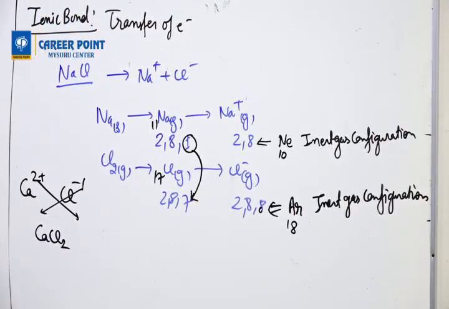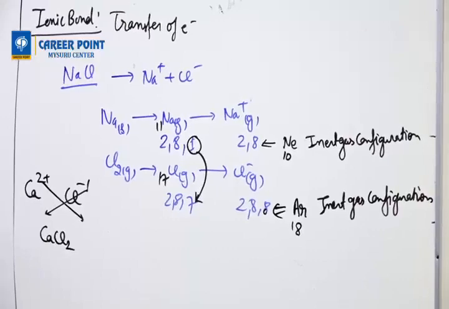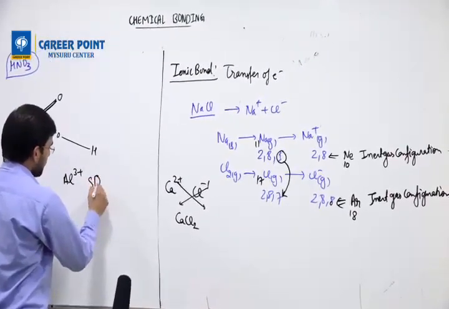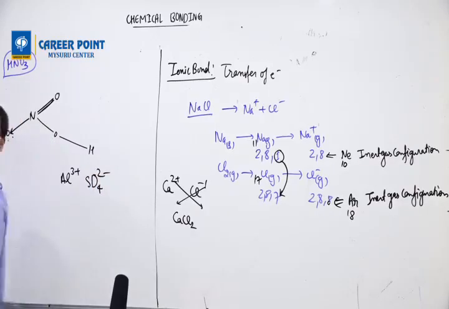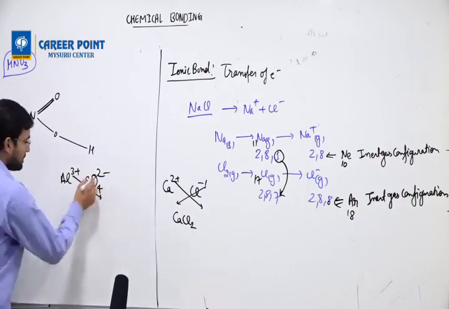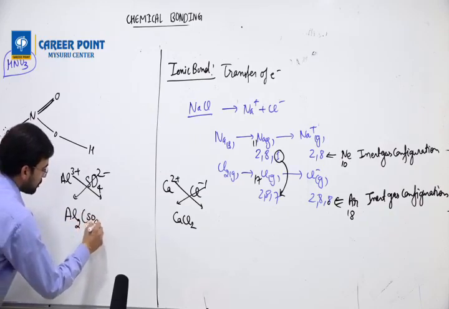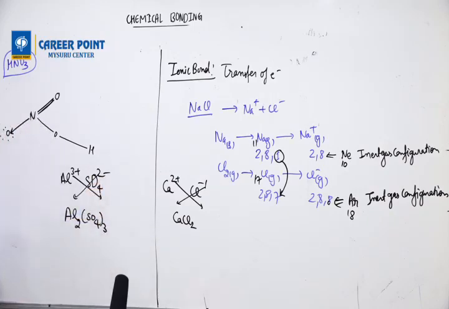The same thing happens with aluminium 3+ and SO4 2-. So 3 goes there, 2 goes there. We'll have Al2(SO4)3. Understand? This is known as aluminium sulfate.